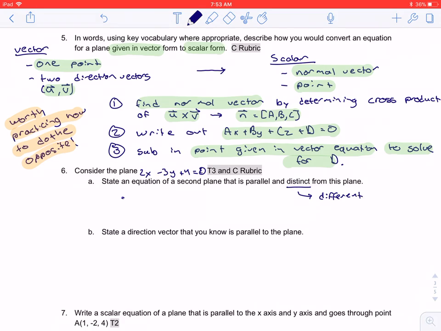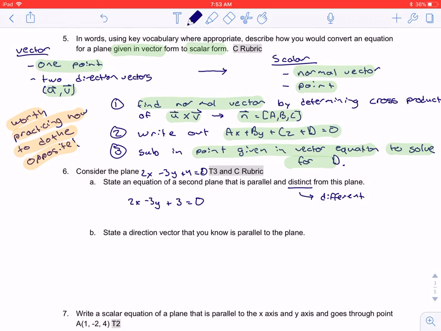For it to be parallel, the normal vector, 2x minus 3y plus 0z, has to be the same. And for it to be distinct, I just need to choose a different d value. So you could choose any d that does not equal 4.